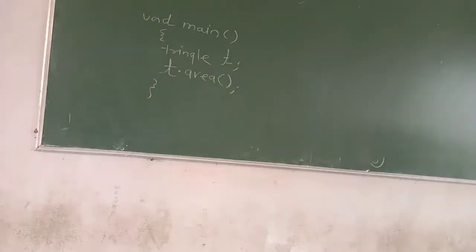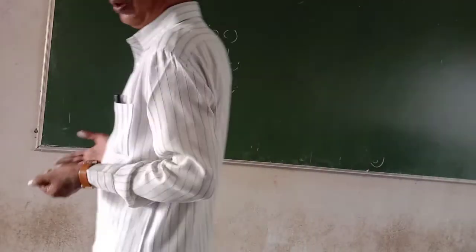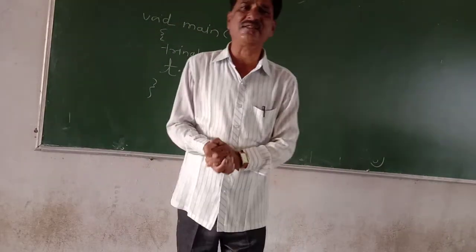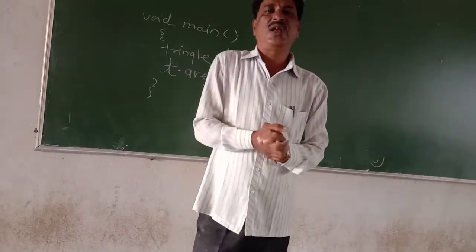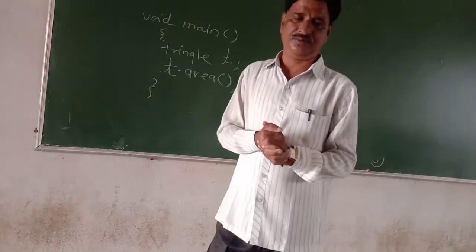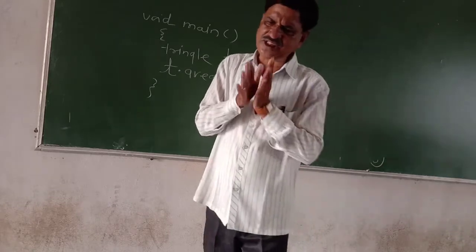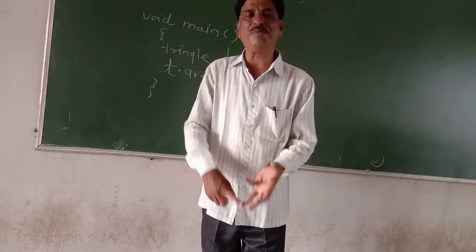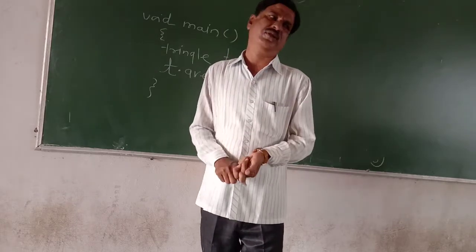So first of all we have to create the class, and after creating the class, create the object. After creating the object, call the function. This is called function calling. So this is the method of defining a class, creating the object and calling the functions.